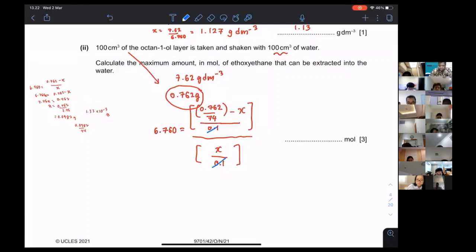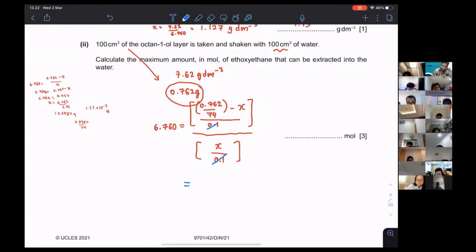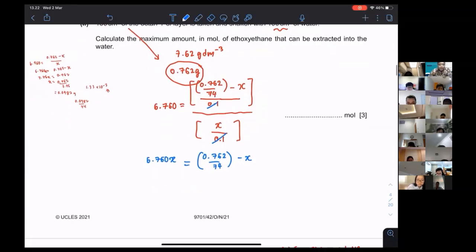And I can have this value, which is going to be 0.762 divided by 74, minus X, divided by X. If I times the X to there, I will have 6.760X.